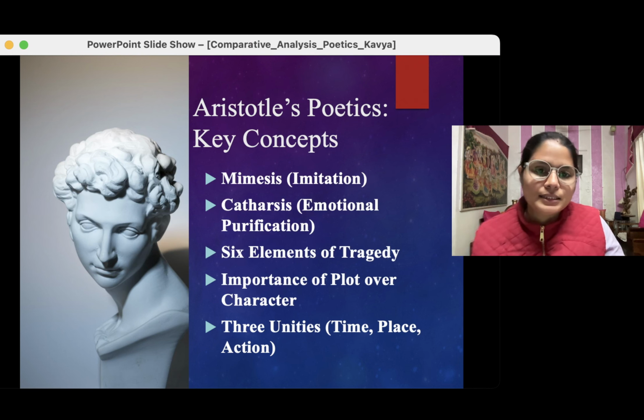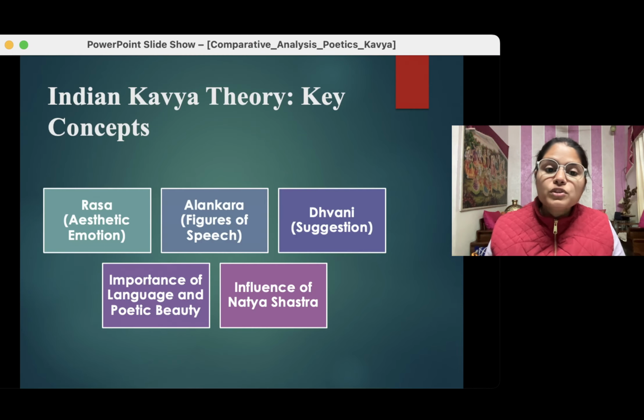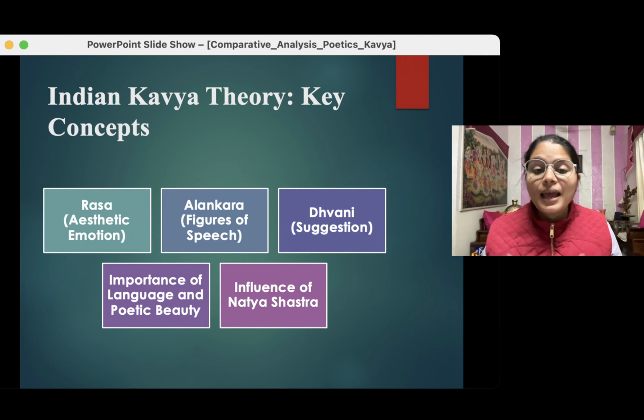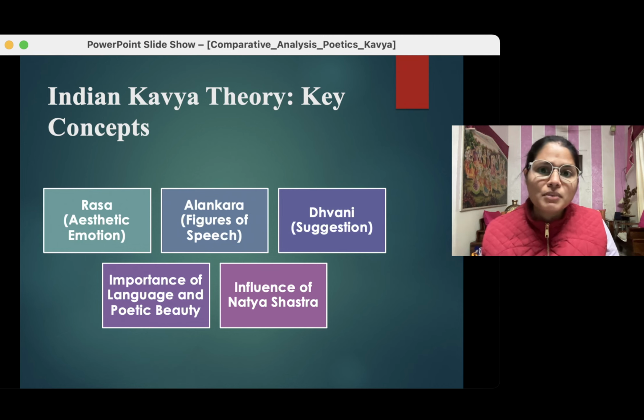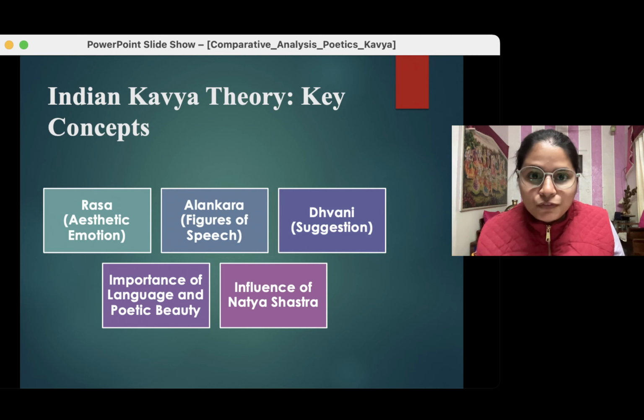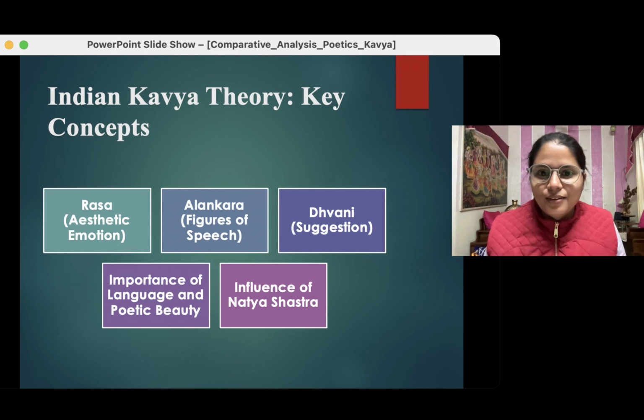It's a classical example. Now we come to Indian Kavya theory. The key concepts are Rasa, which is the aesthetic emotion; Alankar, the figures of speech which we use to decorate the language. We can say it's a cosmetic feature infused in a language to make it more decorative and more interesting.